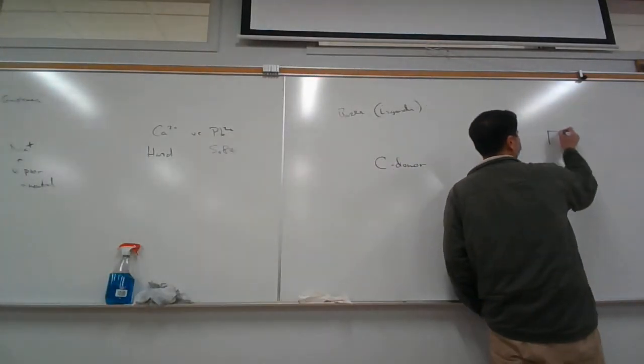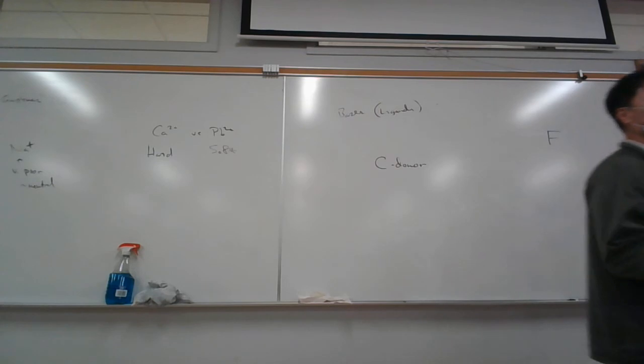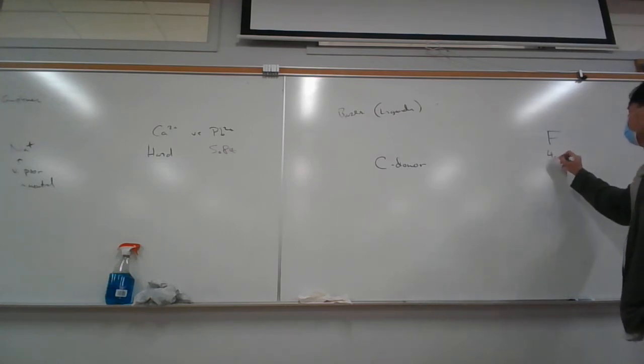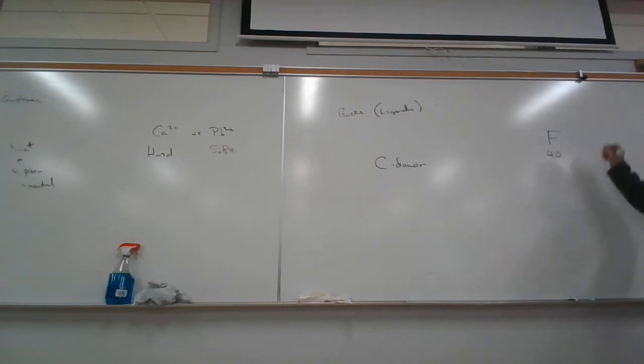What's the electronegativity of fluorine? Do you know the number? Anybody know the number? 4, yeah. Fluorine's a 4.0. What's the electronegativity of fluoride? Is fluoride a 4.0 also? No. In fact, fluoride doesn't even want an electron at all.